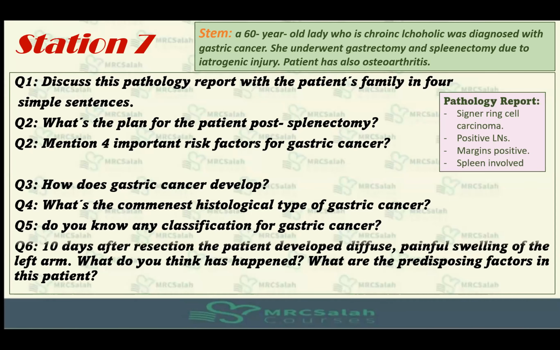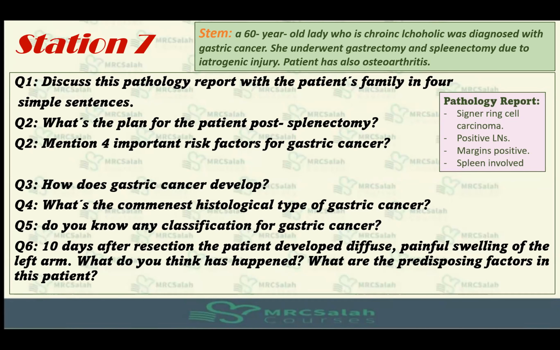Okay, great. 10 days after resection, the patient developed diffuse painful swelling of the left arm. What do you think has happened? Thromboembolism of the axillary vein.